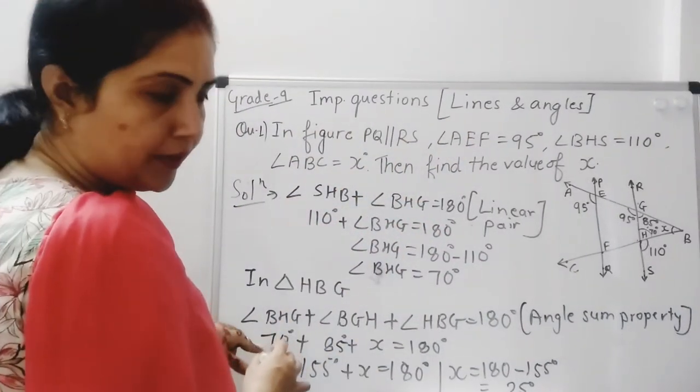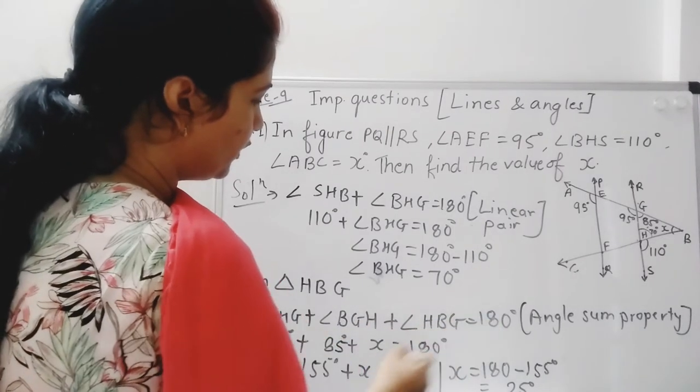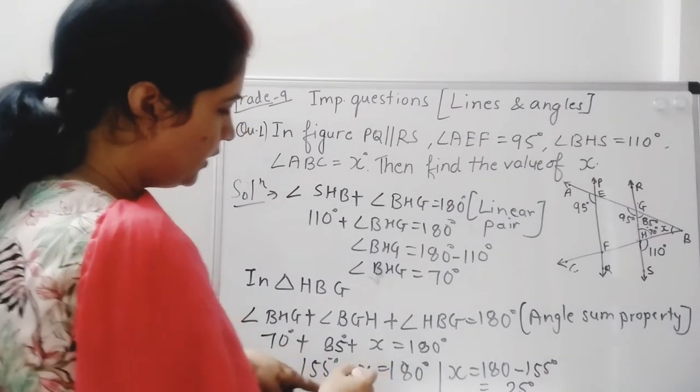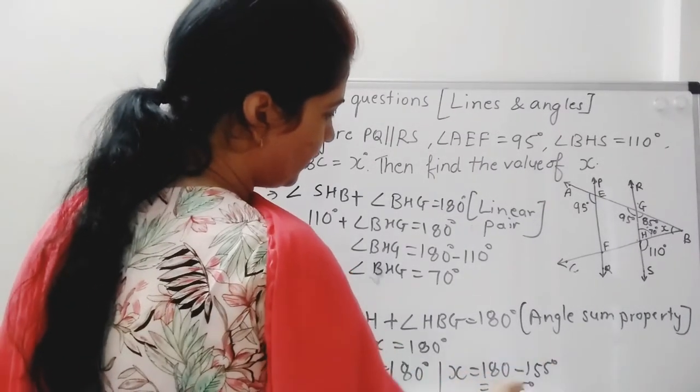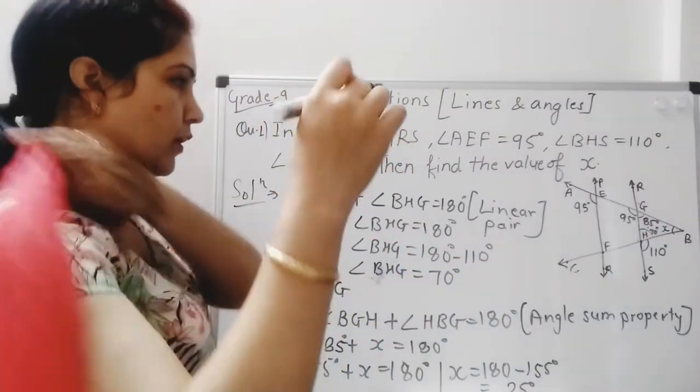BHG is 70 degrees, BGH is 85 degrees, and angle HBG is x, which we need to find out. 70 plus 85 is 155, plus x equals 180. So x is equal to 180 minus 155, which gives us 25 degrees. So the answer is x equals 25 degrees.